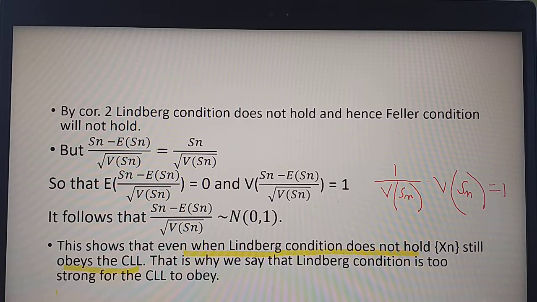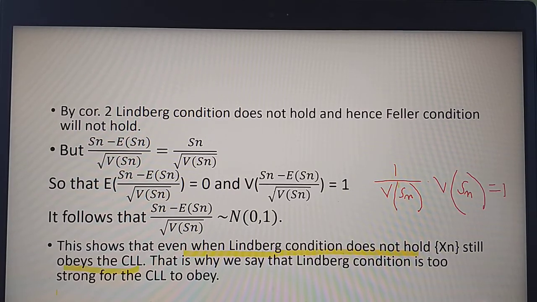However, Sn minus expectation Sn by root over variance Sn is equal to Sn by root over variance Sn, because expectation Sn is 0. So you take the expectation of this quantity, Sn minus expectation Sn by root over variance of Sn. This is equal to 0, and the variance is also equal to 1. Why?